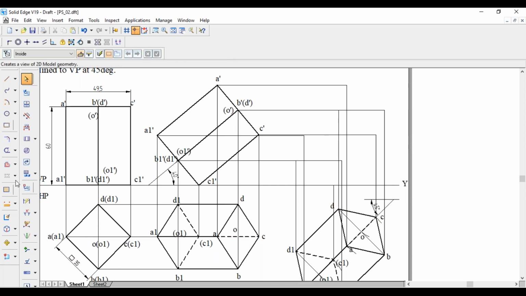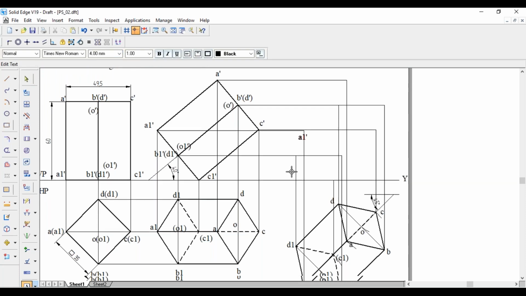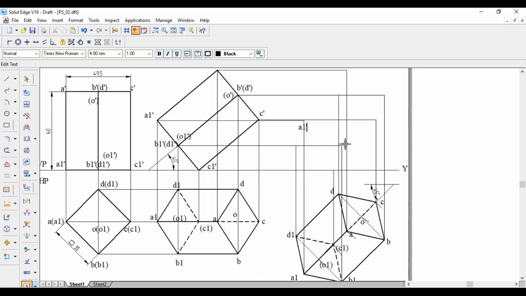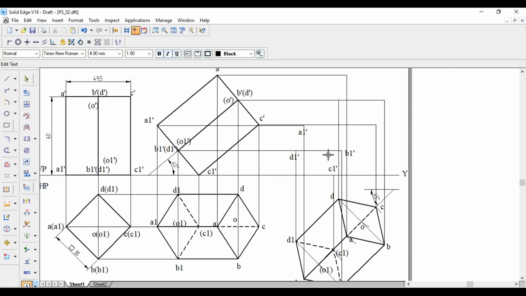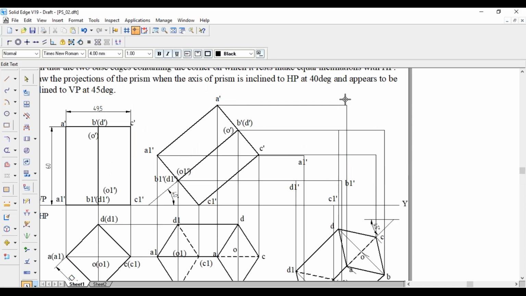This is A1 dash, B1 dash, C1 dash, D1 dash, A dash, B dash, C dash, D dash.